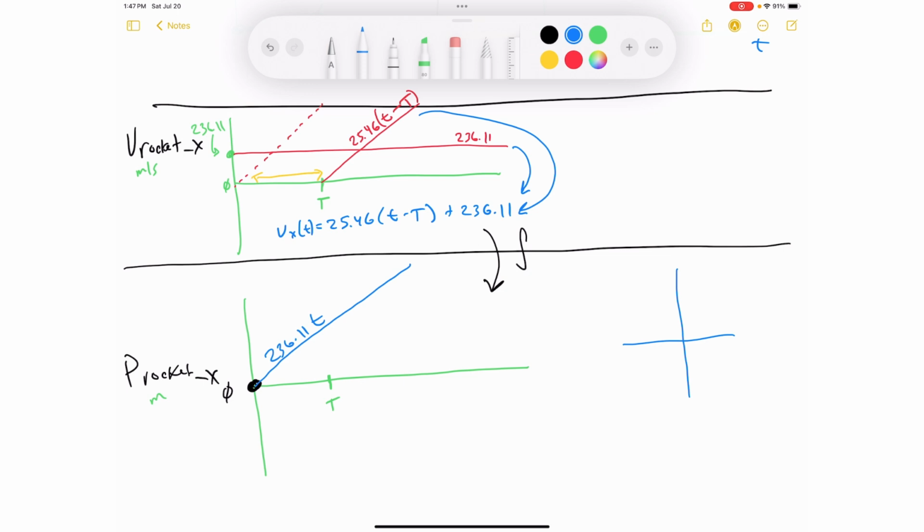It would be a parabola, so it would look something like this. But what I want to do is shift it over by T so it looks like that instead. So I'm going to take that parabola and shift it over.